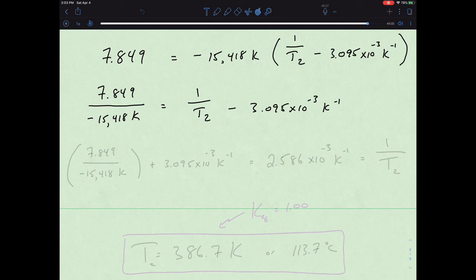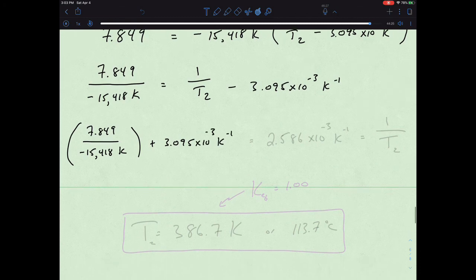If I now add that to the other side, notice that I can add it to the other side because they're both of the same unit. They're both in Kelvin to the minus 1.